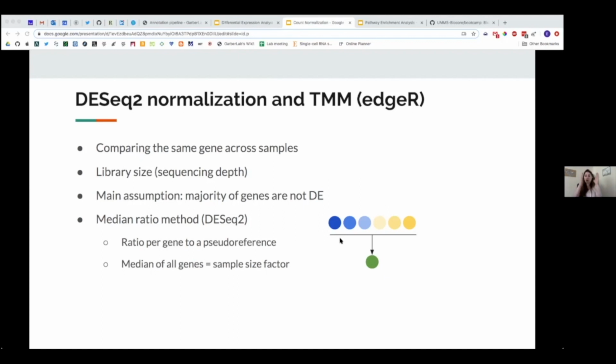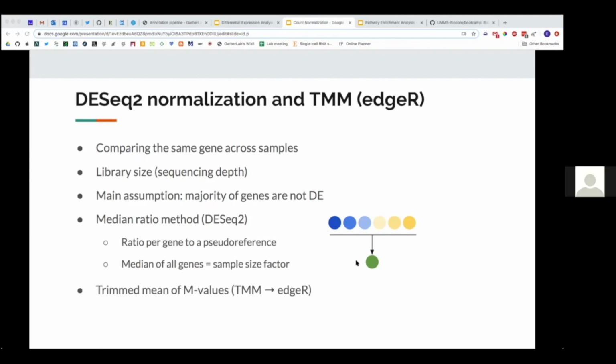Okay, so it's per sample. For each of these samples, you compare the gene counts to the pseudo reference sample, and then for only the blue sample, you calculate a median. That median is the size factor of the blue library. And you do that for each of your other libraries. So controls and treatments are all treated separately, but they were used together to create the pseudo reference.